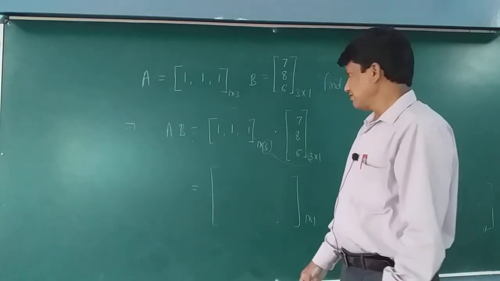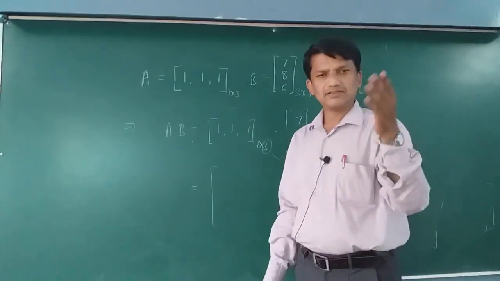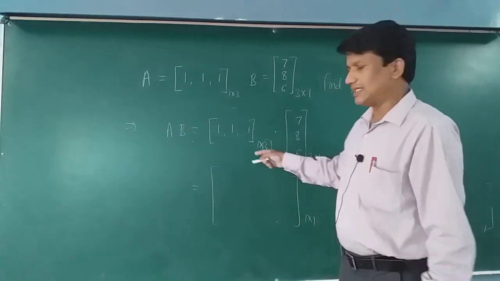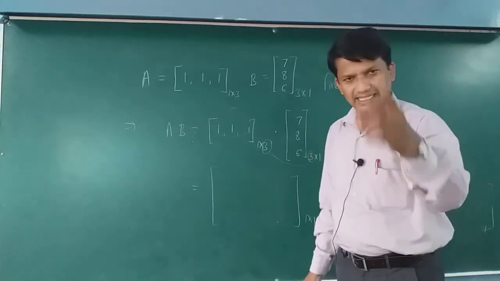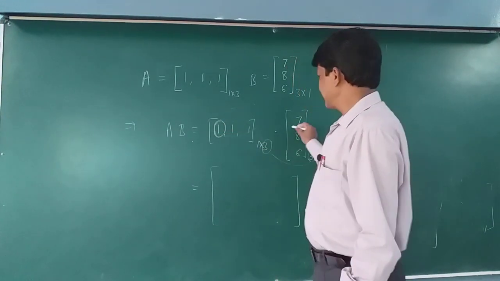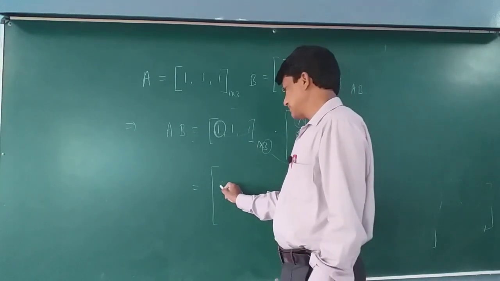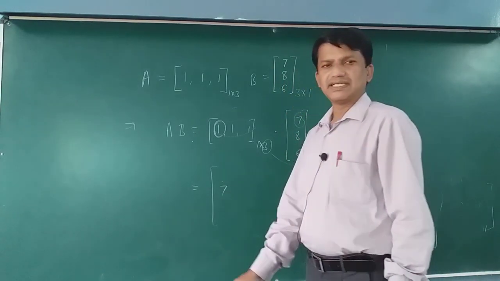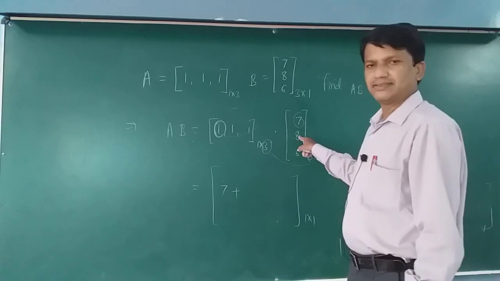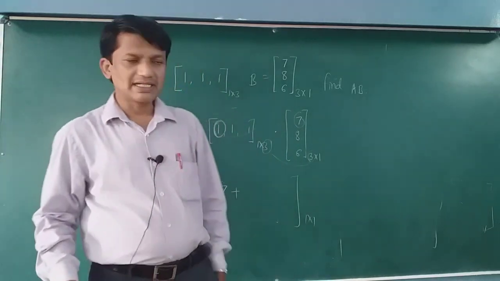Okay, so how do we multiply? According to our rule, go row wise, come down column wise. In a row there are 3 elements, in a column there are again 3 elements. So multiply this 1 with this 7, 1 with 7, answer is 7, correct? Plus this 1 with 8, 1 multiplied with the second element.